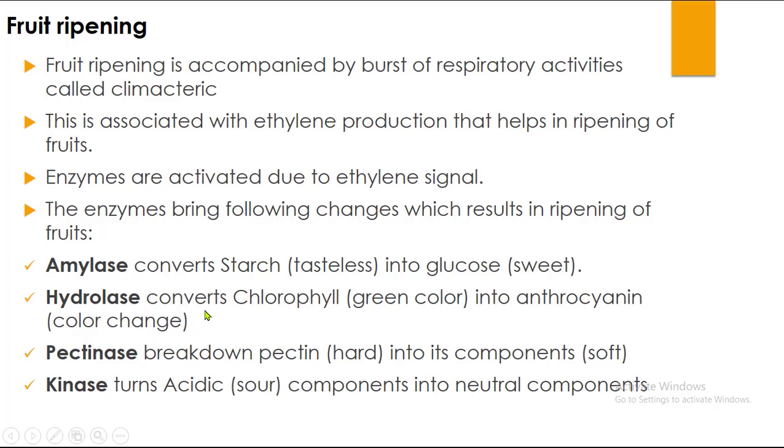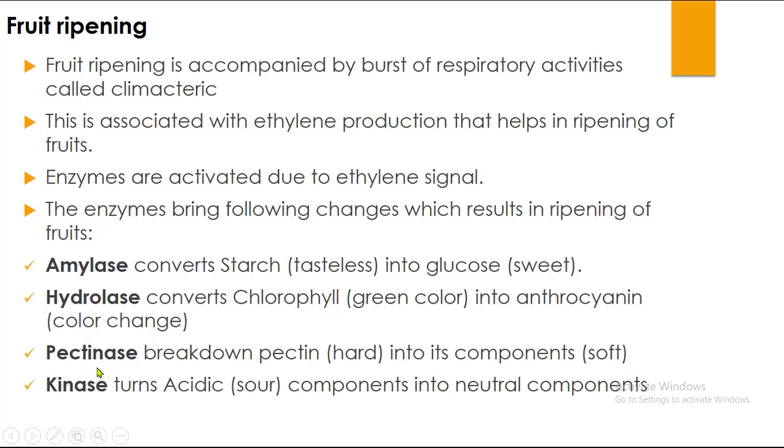One of the hydrolase enzymes converts chlorophyll, which is green in color, into anthocyanin. Anthocyanin has different colors depending on the fruit. It can be red, orange, or yellow. You must have observed that unripened fruit is usually green in color, and ripened fruits are colorful.